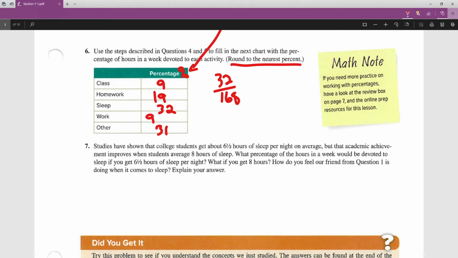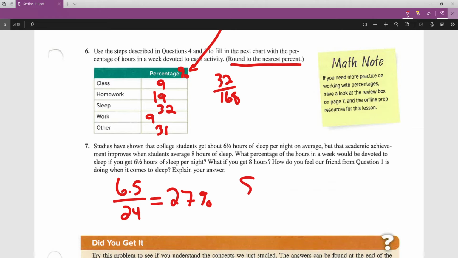So 6.5 would be 6.5 hours out of every 24 hours. Go ahead and use your calculator to divide that out and convert it into a percent, either by moving the decimal or by multiplying by 100. Go ahead and round to the nearest whole number. Our students should be getting 27% of their time spent sleeping.